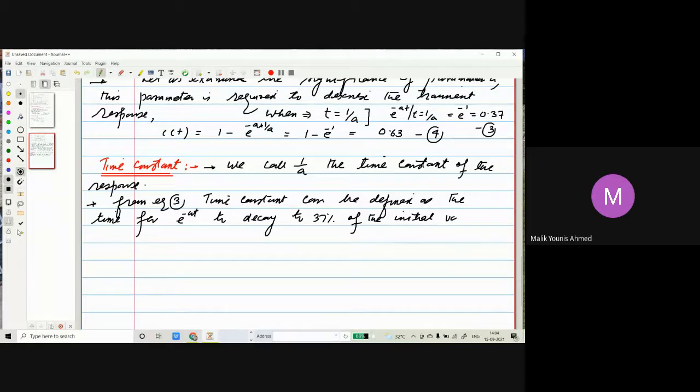So this will be one definition, when I take e raised to the power minus At and substitute t equal to 1 by A.